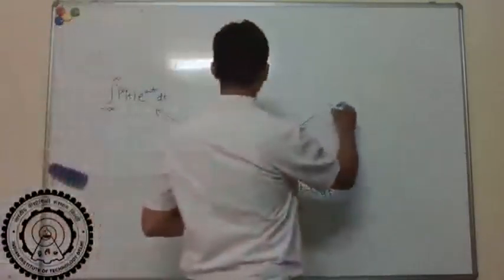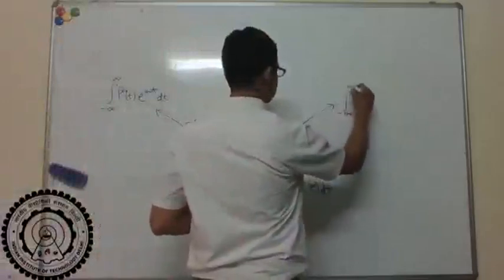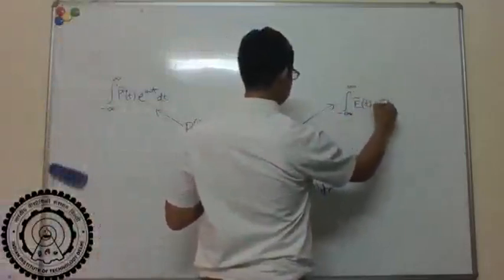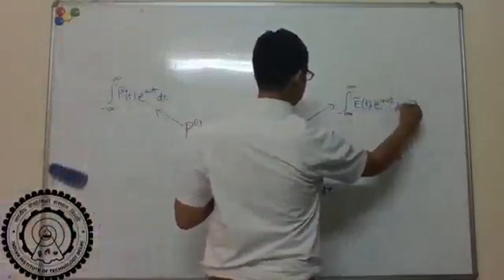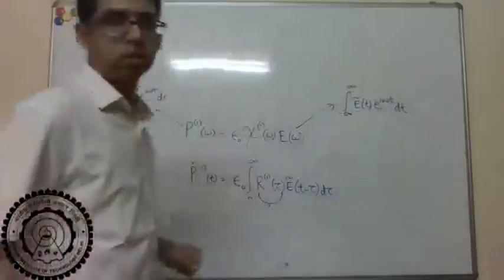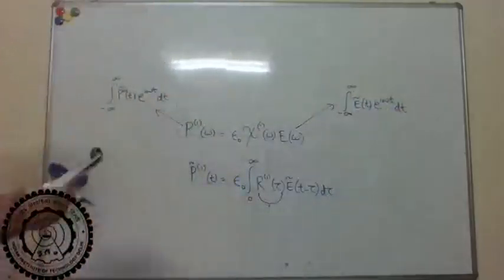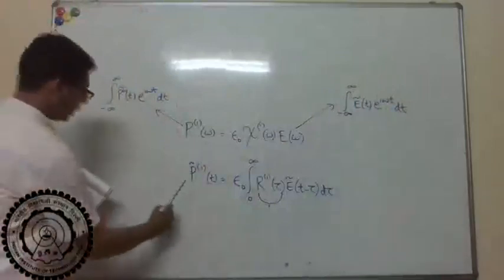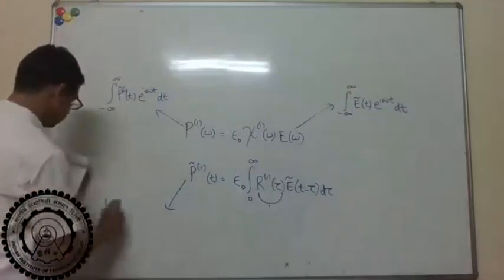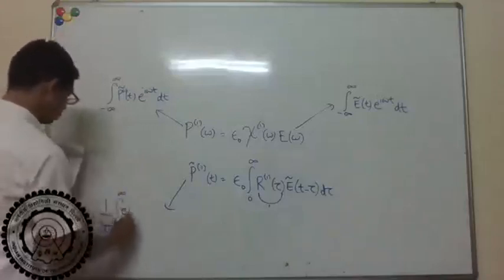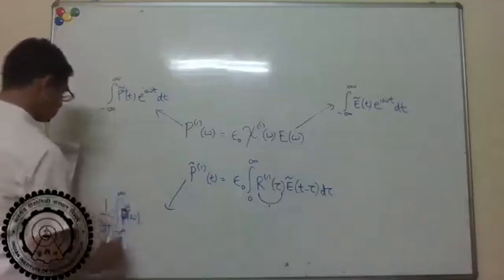And similarly, E of omega is the Fourier transform of E of t in general, right? Or equivalently, I can write this as the inverse Fourier transform of E of omega.